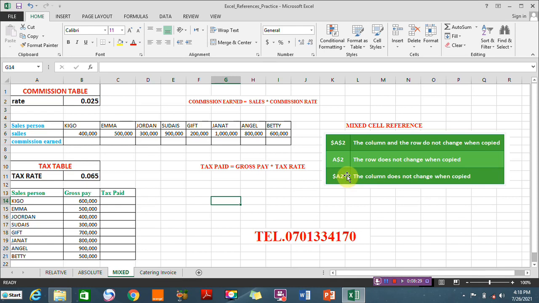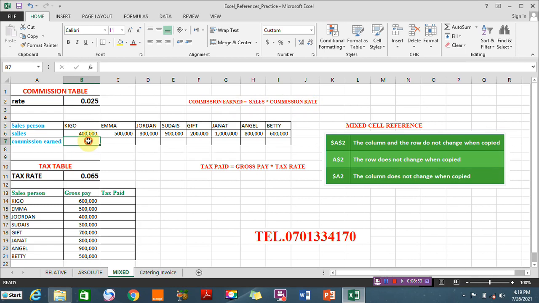We want to see how we can use this mix. So we have our table for commission and our table for tax. And we have the salesperson, we have the sales and the commission. They want us to calculate the commission of these people. Let's first of all make this answer. They are telling us that the commission earned is supposed to be the sales multiplied by the commission rate.